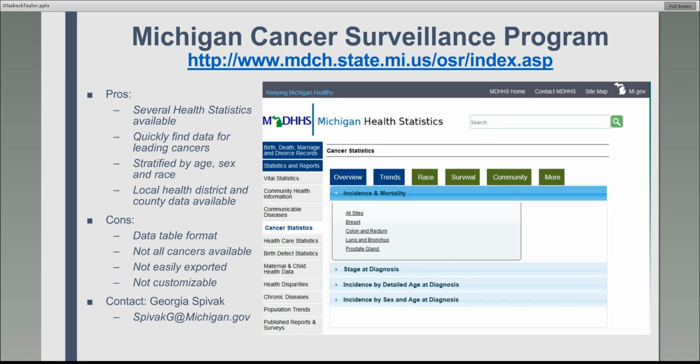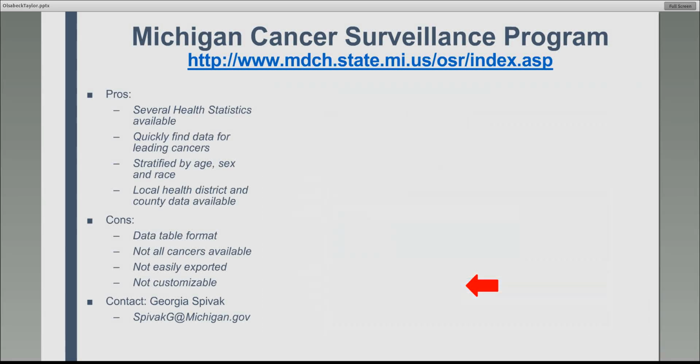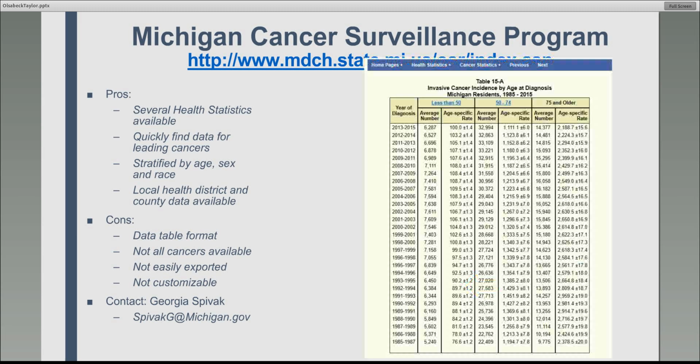So as an example of what you could see from this site, if you were to click on the incidence by detailed age at diagnosis, right there, it would bring in a drop down, and you could select what you wanted to look at, and you would see a table like this pop up. So this would be a table showing all cancer incidents by age at diagnosis, and it breaks it down into 3 different age categories.